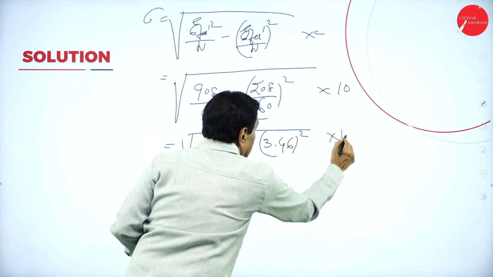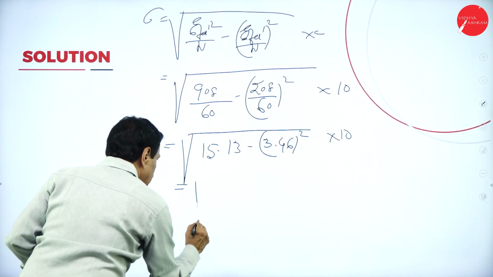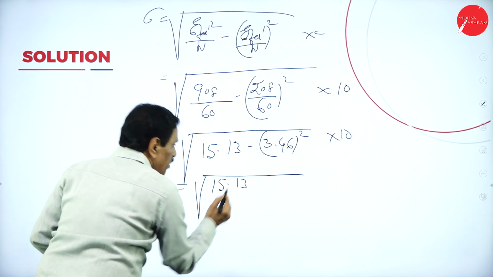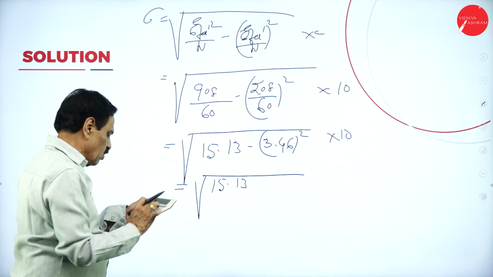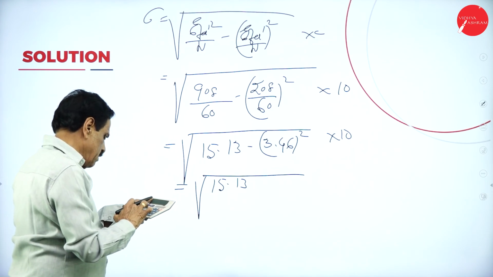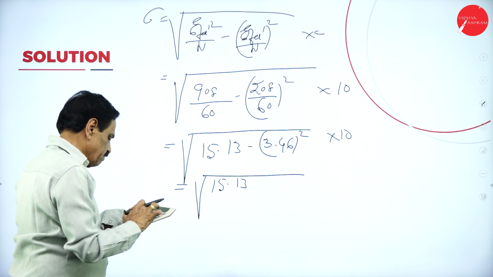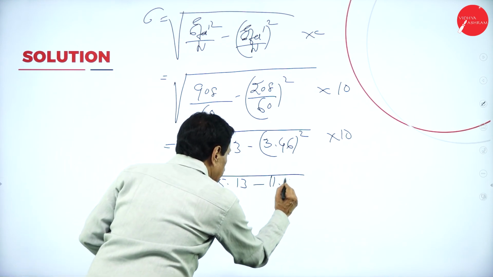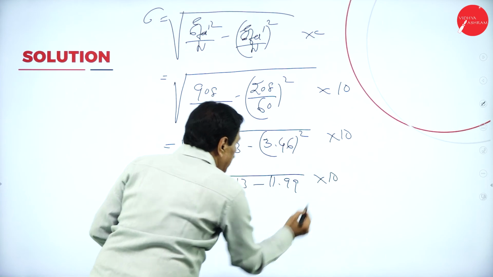Your class interval is 10. Simplify this: the square of 3.46 is 11.99, into 10.